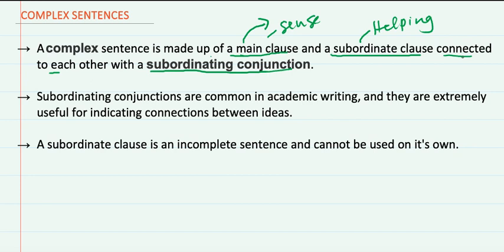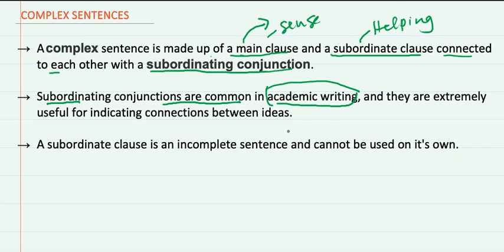And we join them with a subordinating conjunction, the same as the compound one. The subordinating conjunctions are common in academic writing. We mean in essays. In academic writing, we need them a lot.